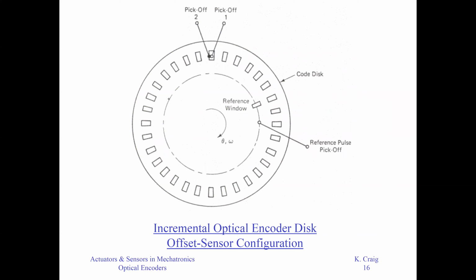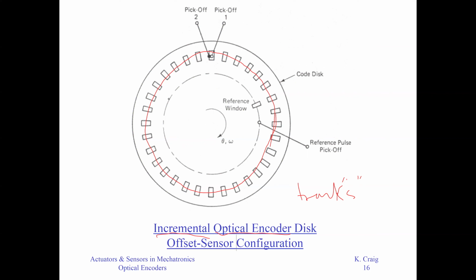Here is an optical encoder, and it's incremental. You only have one track of window like this. Remember, if you have an absolute encoder, you need multiple tracks.